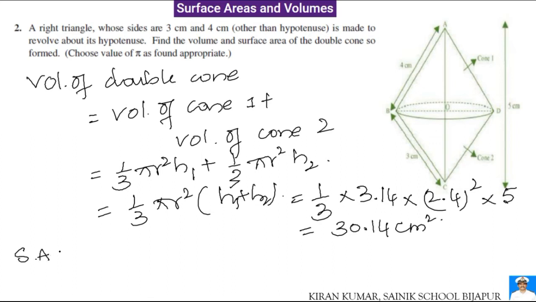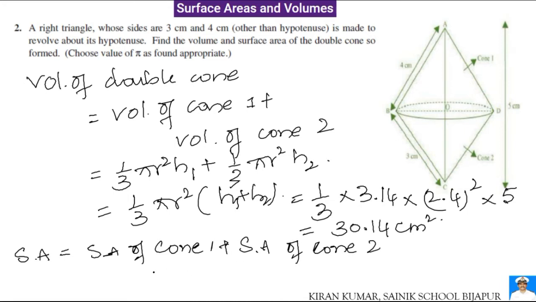The surface area will be equal to the surface area of cone 1 plus the surface area of cone 2, that is pi r L1 plus pi r L2. This will be pi r common. We get 4 plus 3, since L1 plus L2 is 4 plus 3.